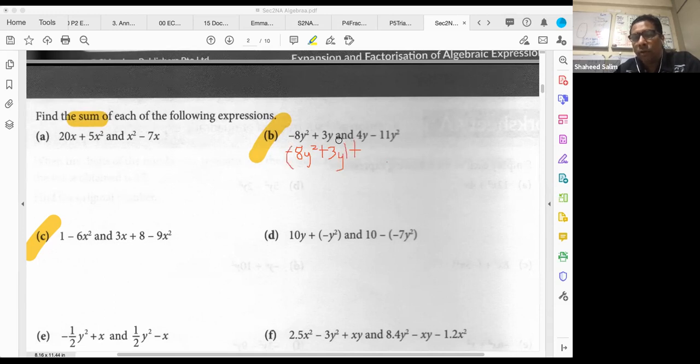Okay, I draw for you. It's two groups. Then you remove the bracket. Remove the bracket.